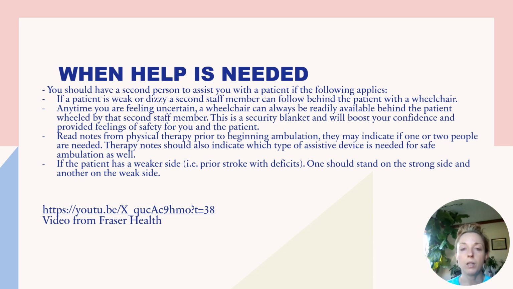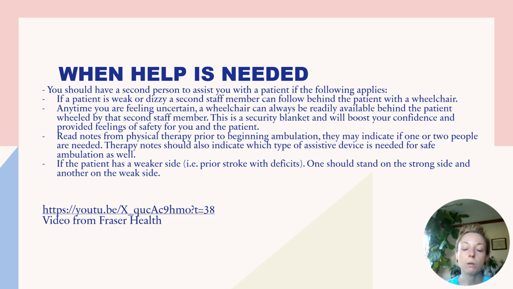Also, anytime you have multiple pieces of medical equipment, maybe the patient has a chest tube, somebody needs to carry the canister, or they're on oxygen and you need to wheel the mobile oxygen behind them. Maybe they have an IV pole that the patient can't push, etc. You want to read your notes from physical therapy prior to beginning ambulation because they may indicate if one or two people are needed.